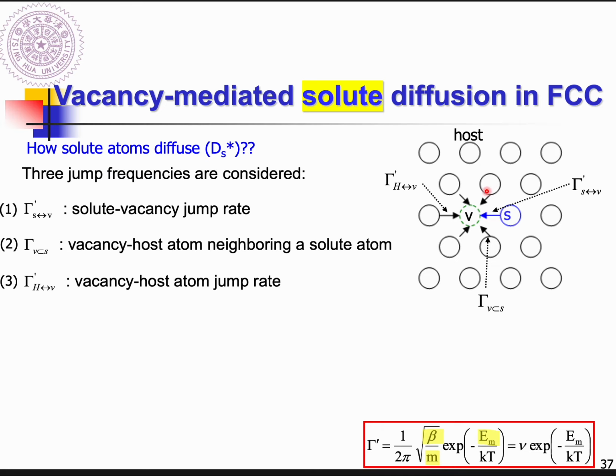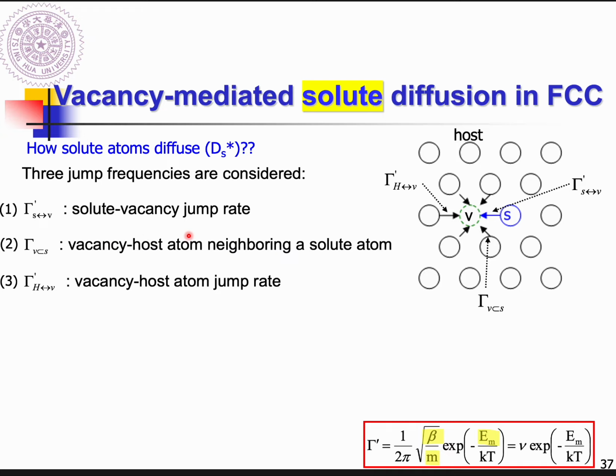And also we have the third one, the jump rate of a host atom that is nearby or surrounding, a neighboring solute atom. So here we are going to show you that there are actually three jump frequencies or jump rates that need to be considered in this material system.